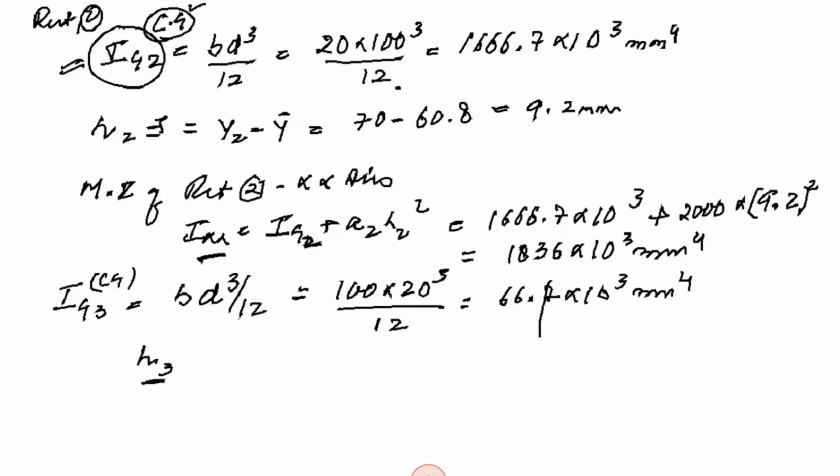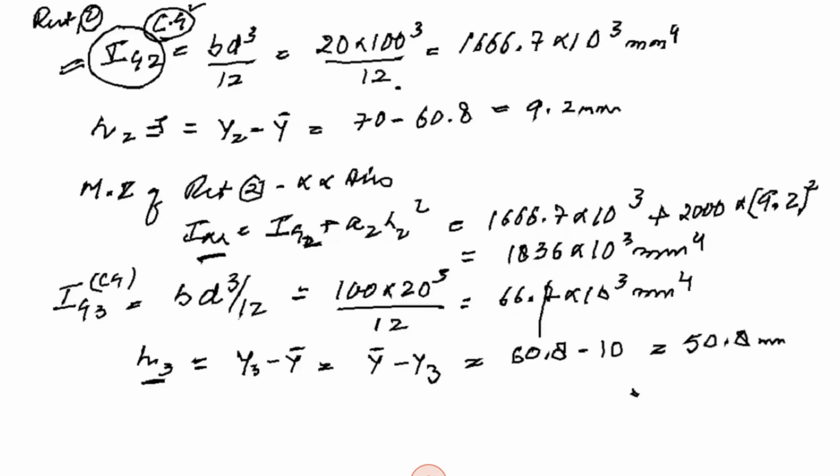Here it will be y bar minus y3, since it is in the downward direction. y bar is 60.8, minus y3, which was 10. The total difference is 50.8 mm.